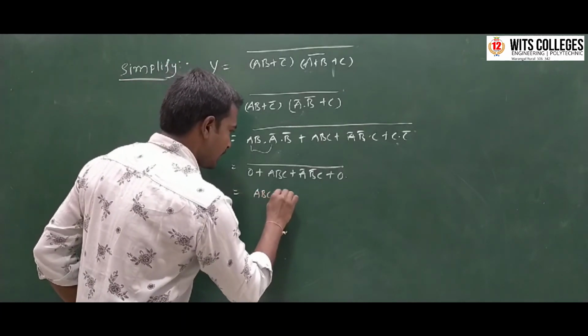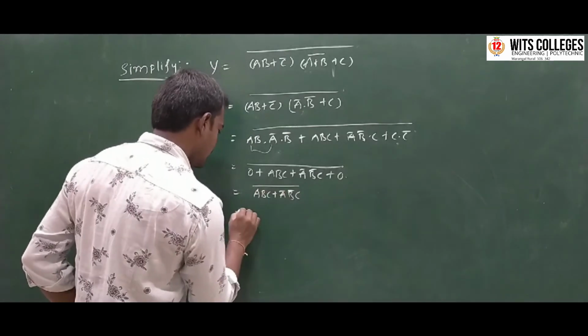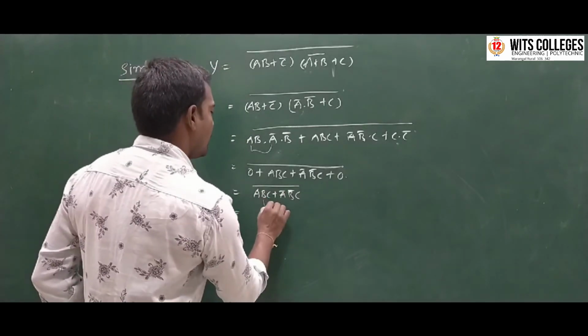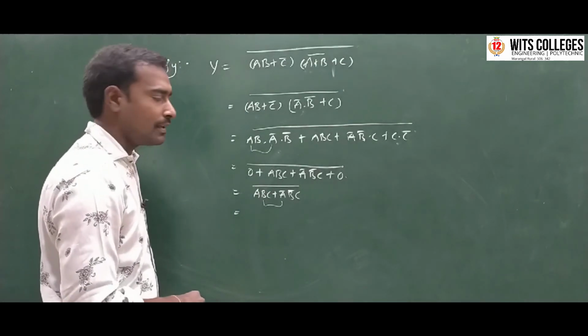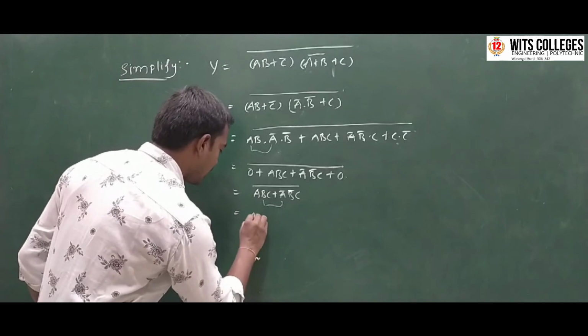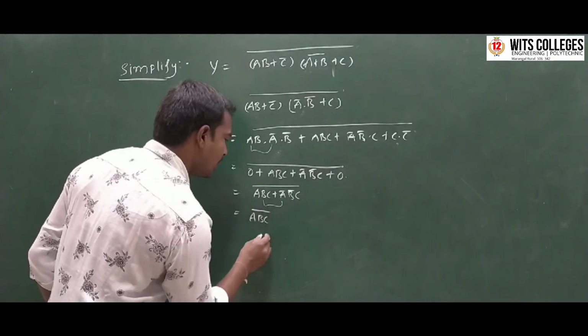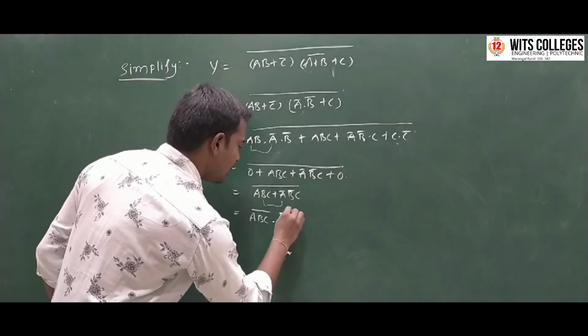That is equal to abc plus a bar b bar c whole complement. Here a plus b whole bar can be written as a bar into b bar, so abc whole bar into a bar b bar c whole bar.